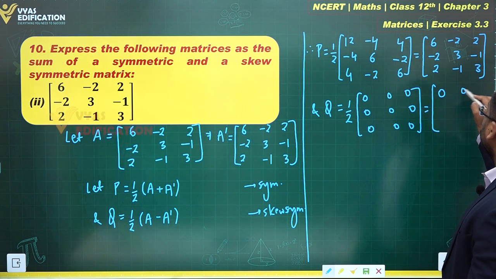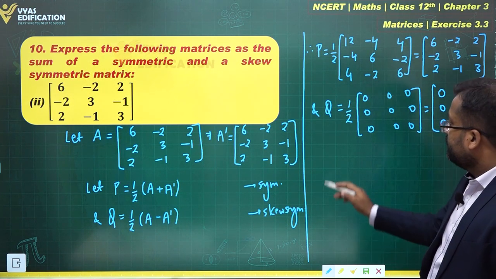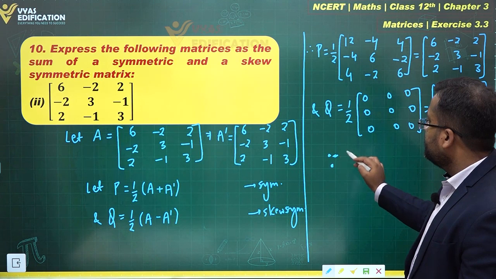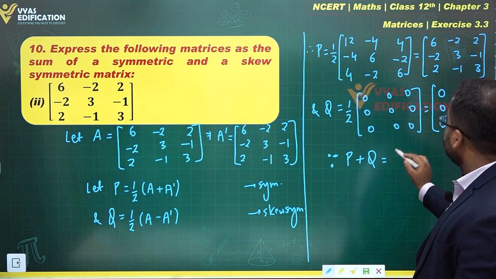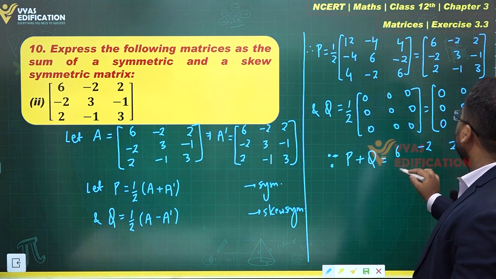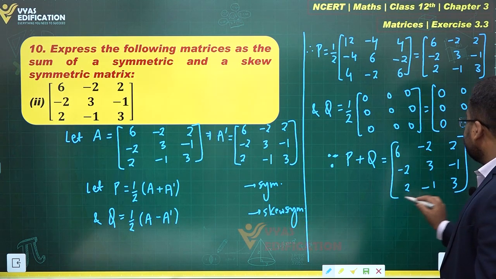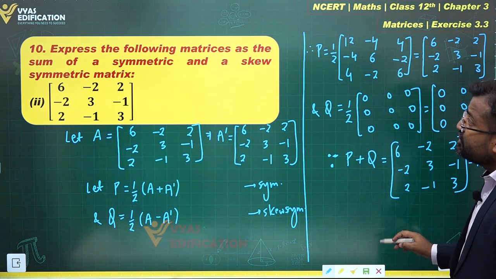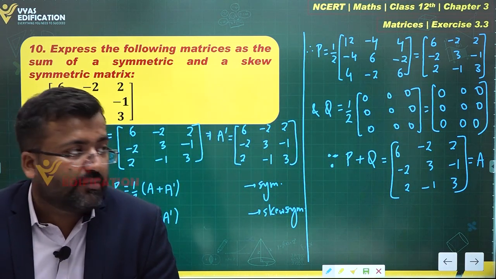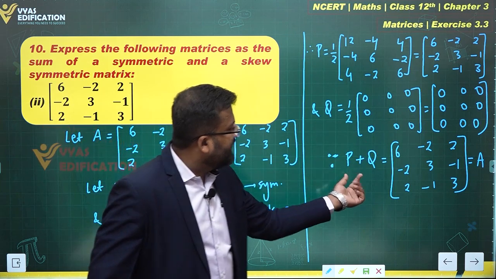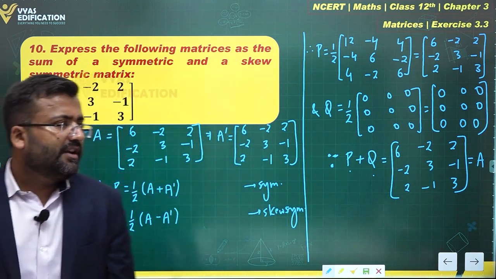Therefore, can you observe that matrix P plus Q is equal to 6, minus 2, 2, minus 2, 3, minus 1, 2, minus 1, 3, which is the matrix A. Hence, have we expressed the matrix A as a sum of symmetric and skew symmetric matrix? Yes, this is the sum of symmetric and skew symmetric matrix. This is our matrix A, as you can observe clearly.